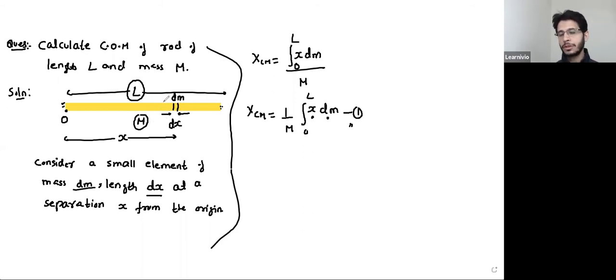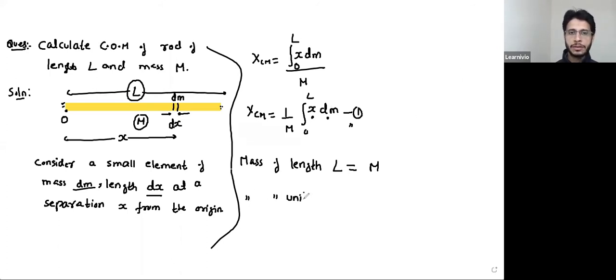You can use the unitary method basically. See, mass of length L is equal to M. So what's the mass of unit length? Mass of unit length is simply M by L. Next, you need the mass of dx length.